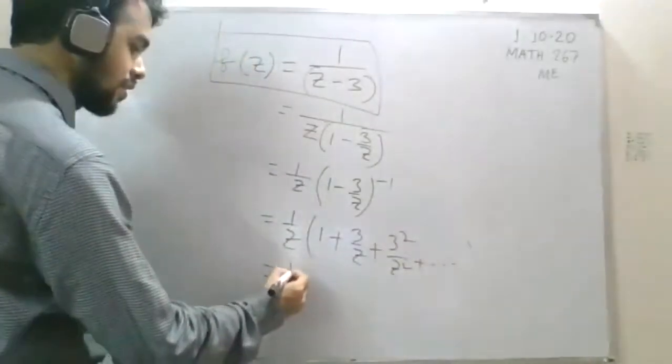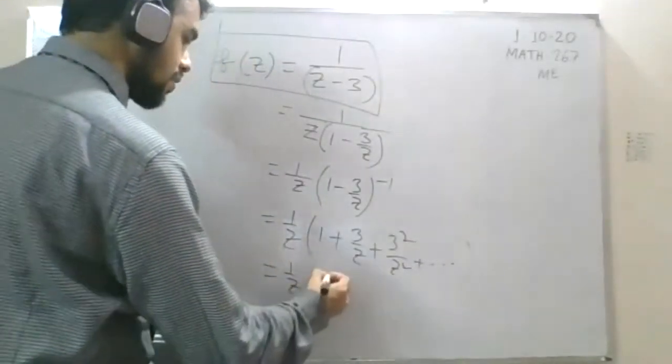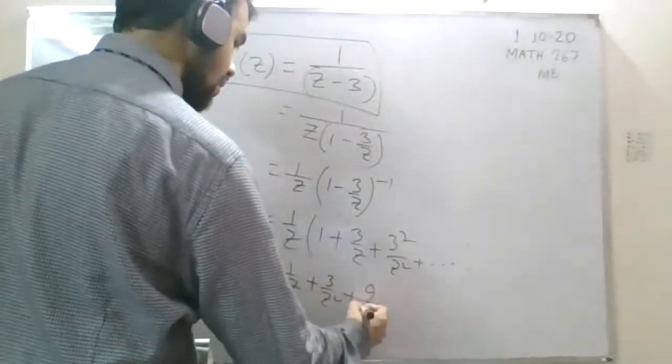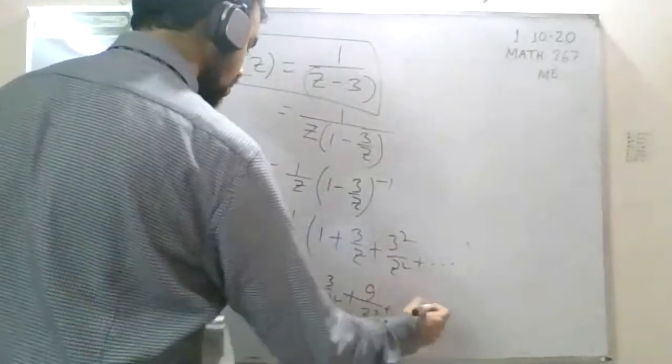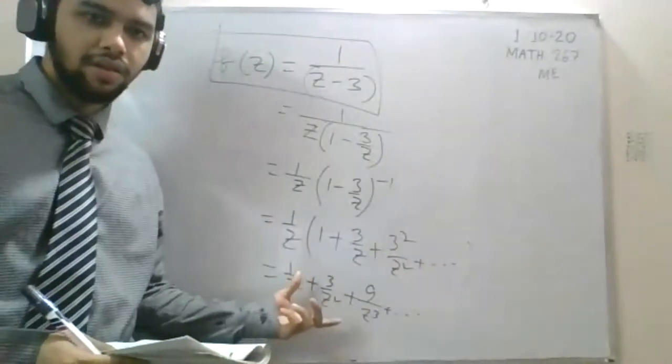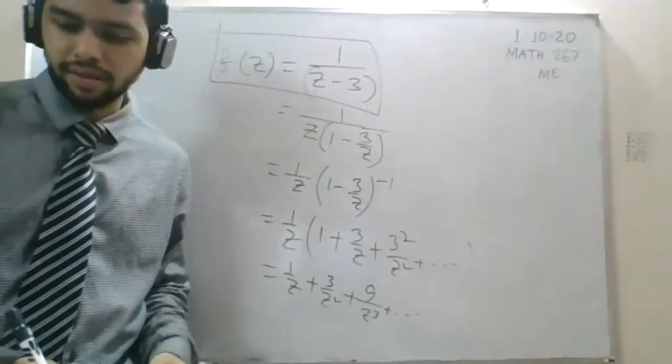So from here you get 1 by z plus 3 by z square plus 9 by z cube. So this is the Laurent series for the given function.